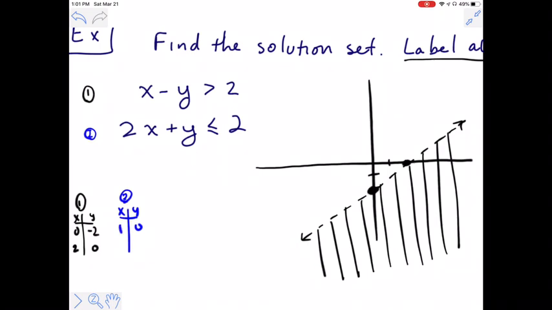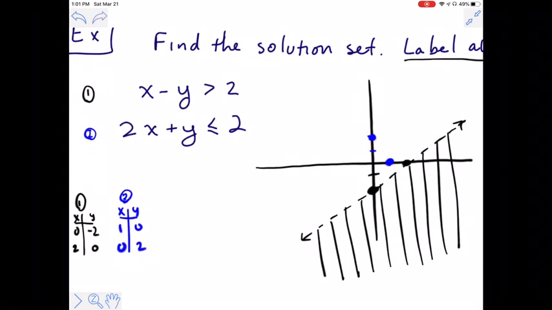And then if I want to find the y-intercept, I'll let x equal 0. If x is 0, then I have y equals 2. So we have (1, 0), (0, 2). And then since we have less than or equal to, the equal to part means we can have a solid line.